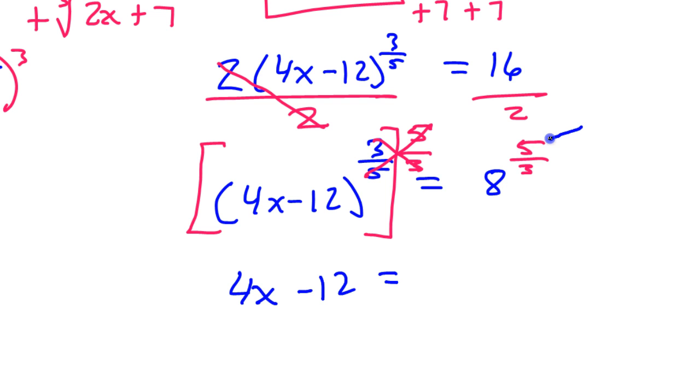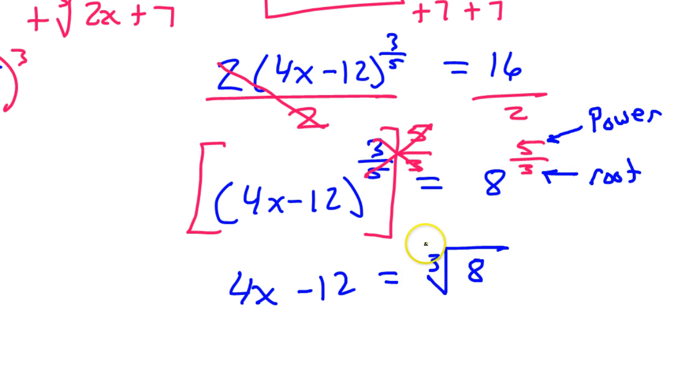Now over here, when we deal with a fractional exponent, we know that the numerator is the power and the denominator is the root. This is power over root. So it will be helpful if we rewrite this in radical form. So this is the cube root of 8.